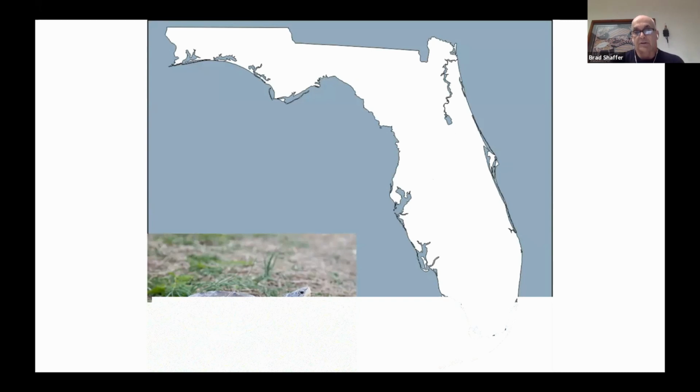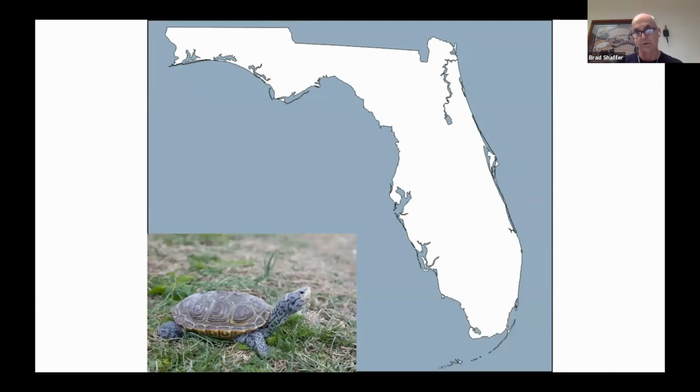So this is a picture of a diamondback terrapin in the state of Florida. And this is actually a project that Peter and I are engaging with right now with the state of Florida. So say you wanted to do this kind of exercise of assembling a sort of genomic resource for terrapins in the state of Florida. What would you do?